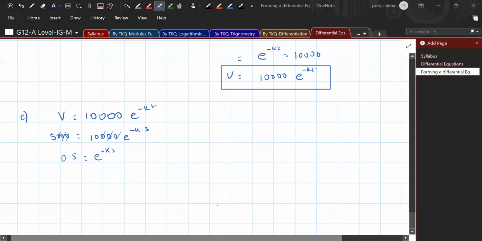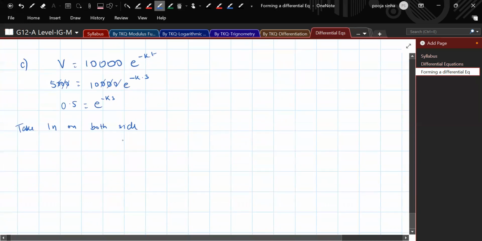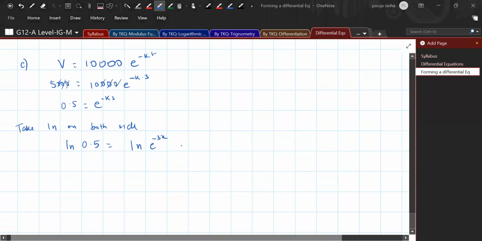Take ln on both sides. Ln is log to the base e. Ln 0.5 is equal to ln of e raised to power minus 3k.